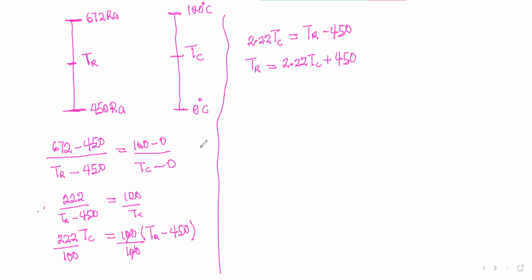You could also have left your answer as T R is equal to 222 over 100 T C plus 450.